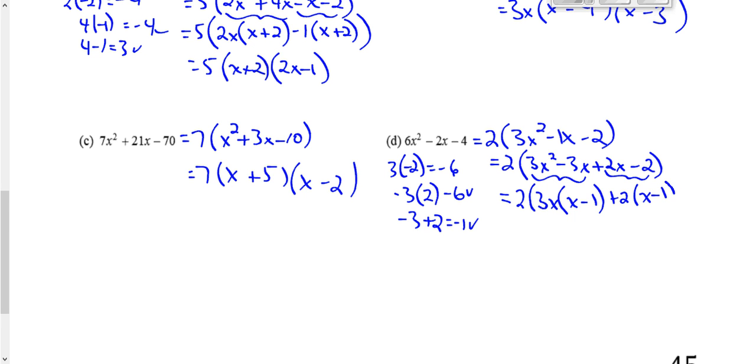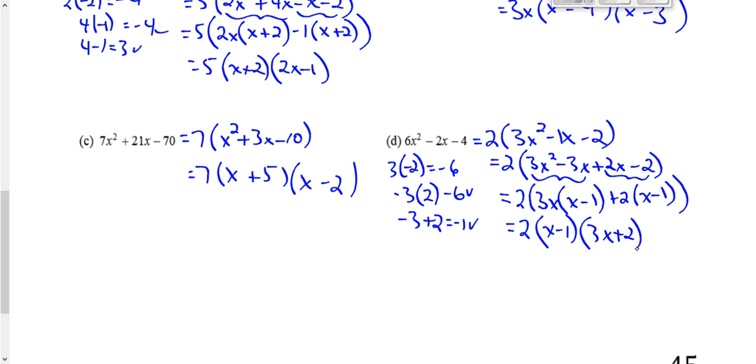Negative 2 divided by 2 is negative 1, right? All right. So we're almost there, yeah? So we have, what now? X minus 1. Yeah, there you go. All right.